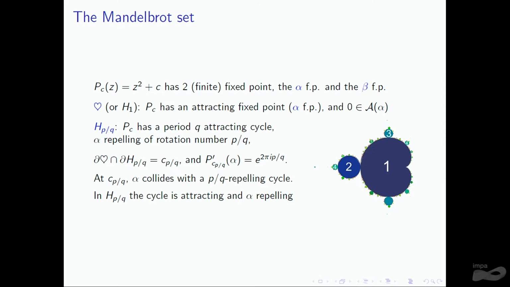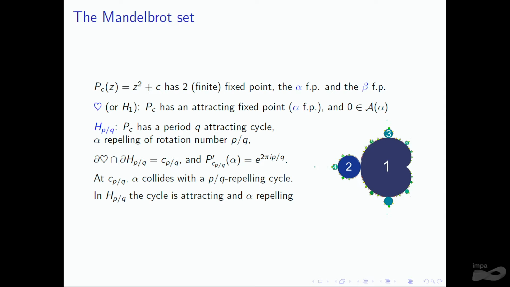So, the root points are the points in which one component is attached to the other. So you get a parabolic fixed point with multiplier.